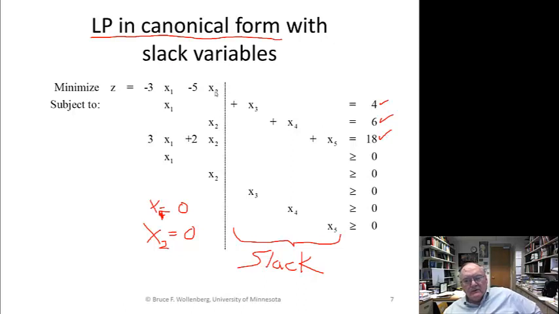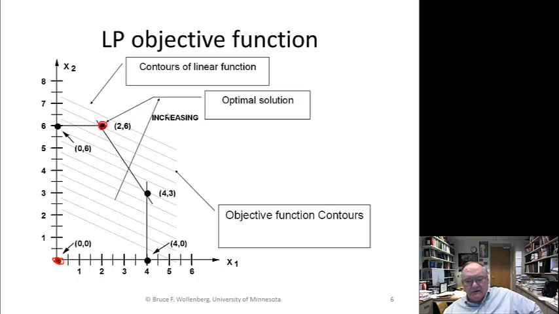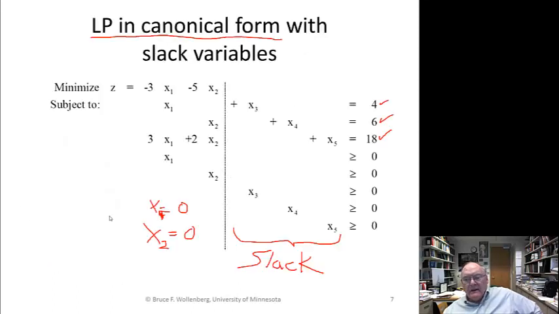We don't do anything with the cost function now. As I said, we're going to start with x1 and x2 equal to 0, and so we add these other variables to the problem. Notice that what that did for the A matrix is it changed all of the inequalities to equalities. These are all equalities now.